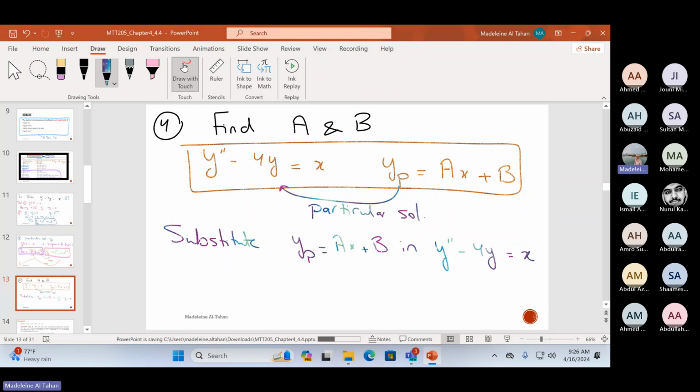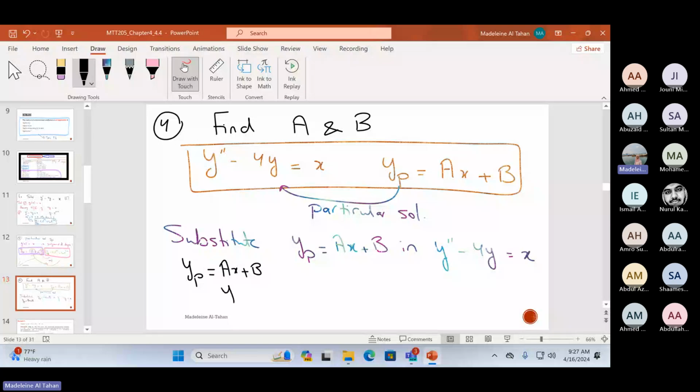Any questions? Okay, we have yp equal ax plus b. In the equation, we have y. Also, we have y double prime, right? Don't we have y double prime? Look at the equation again. Yes.